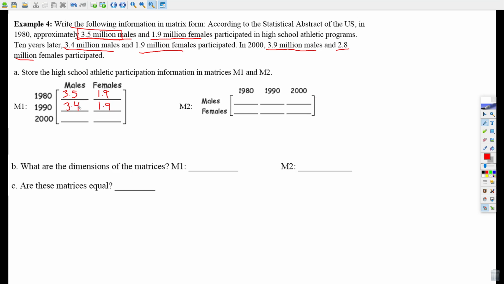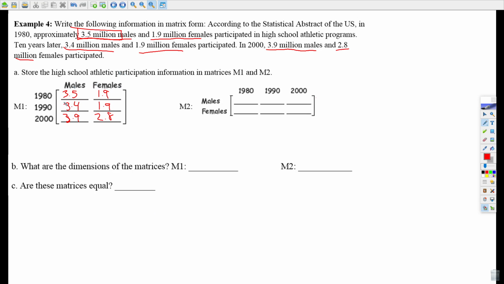So it actually decreased a little for the males, and females stay the same. And in the last sentence we have 3.9 million males, so a huge jump in both. Mostly the females went up in 2000 to 2.8 million. That's a nice, concise way of storing the information that was in this paragraph.